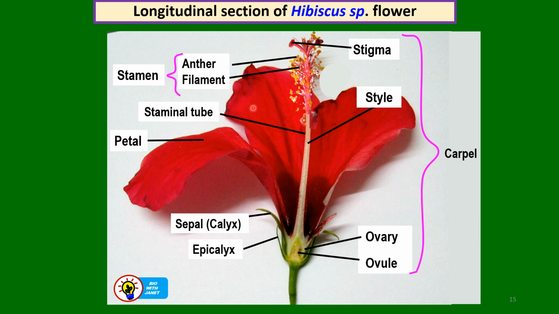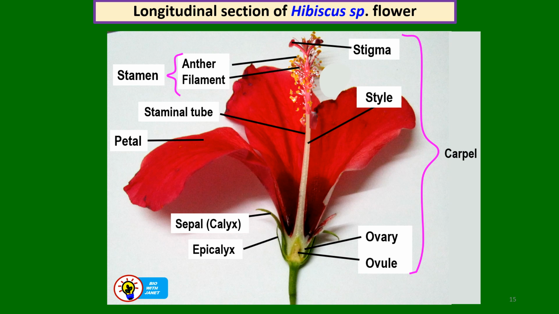Now, the male reproductive structure is also very different in that there are so many of the stamens here, right? And each stamen is made of one anther, okay, supported by one filament. Okay, then the interesting thing which is unique is that the stamens, or the filaments of the stamen, have fused together to form a red-colored tube here.